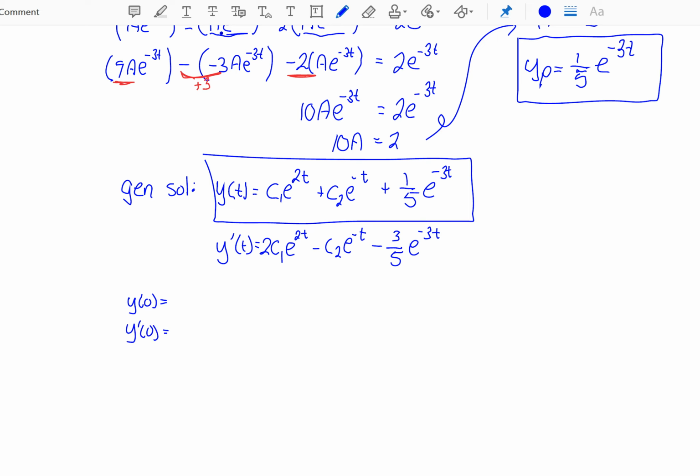When you evaluate your position function at 0, I think you get c1 plus c2 plus 1/5. From our initial conditions, we know this has to equal 1.